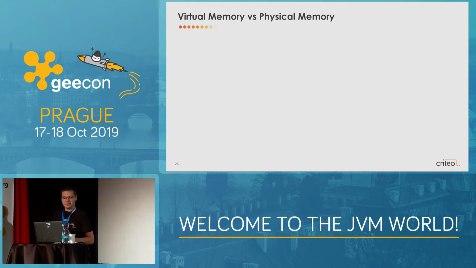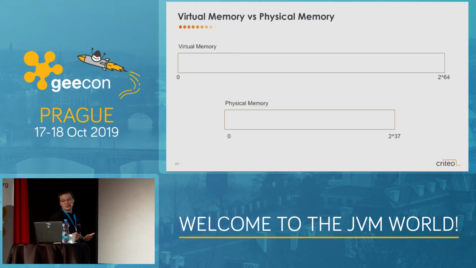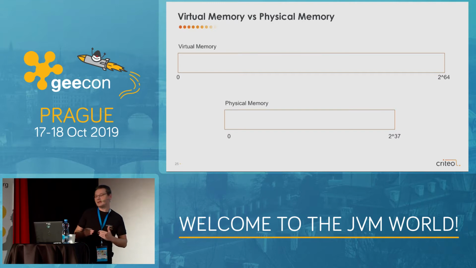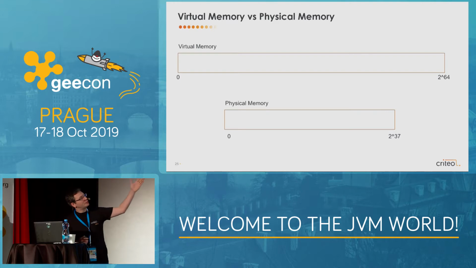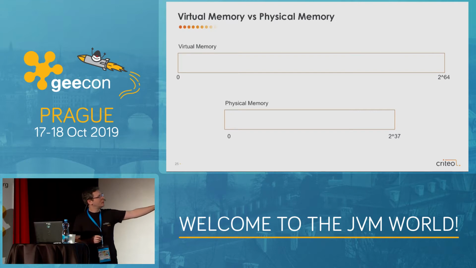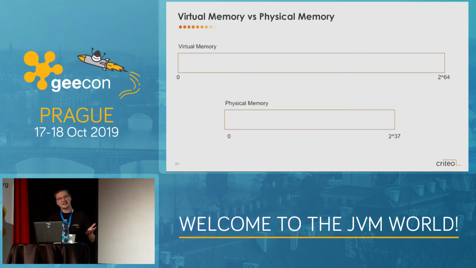Before going further into the algorithm, I would like to remind you of the difference between virtual memory and physical memory, and how we can play with it. So we have virtual memory up to 2 to the power 64, theoretically, and the physical memory, and it's not to scale here, but we have less physical memory than virtual memory.